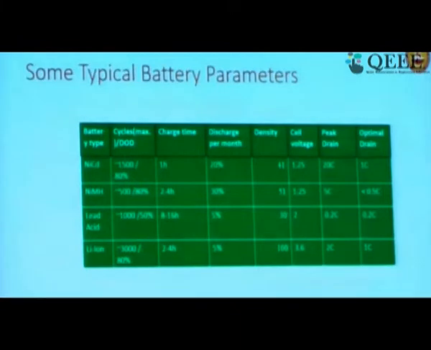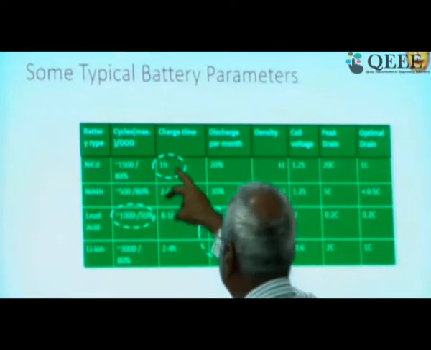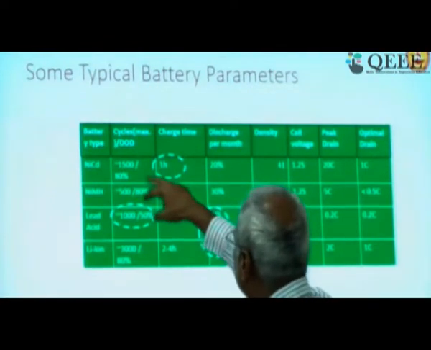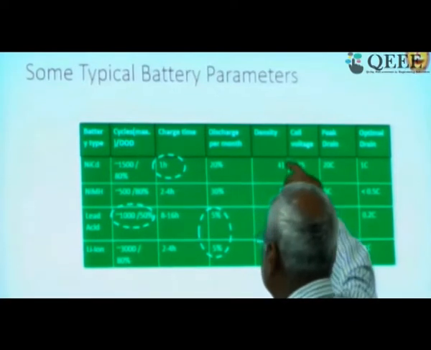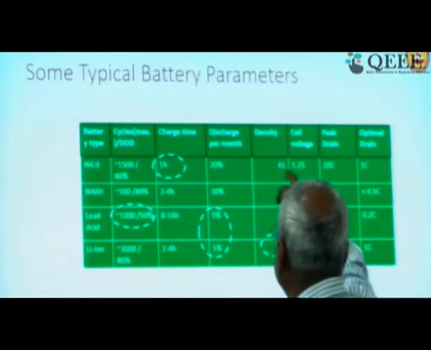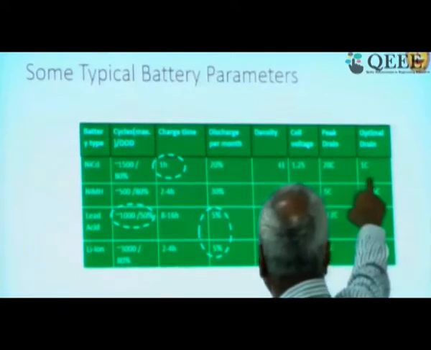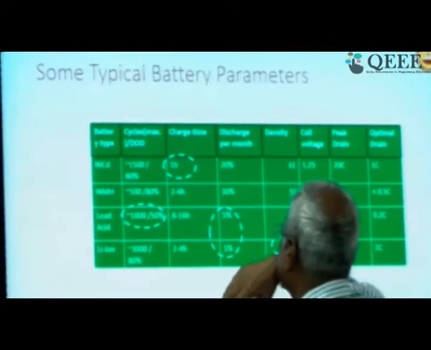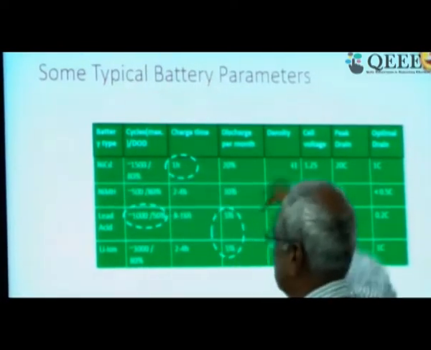If you look at these numbers, a nickel cadmium battery has a charge time of 1 hour, but it's fairly heavy, and the peak drain can be high, up to 1C. Self-discharge per month is very high, 20 to 30%. So these two have gone because of that.